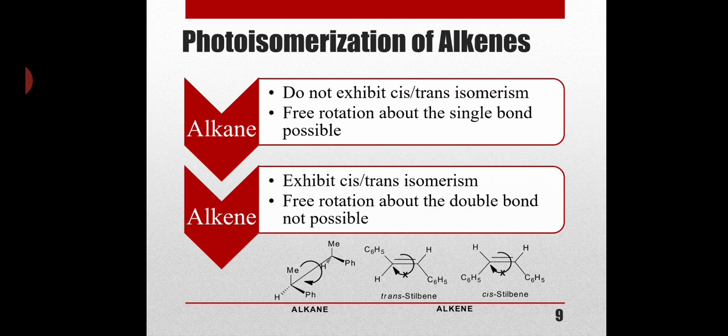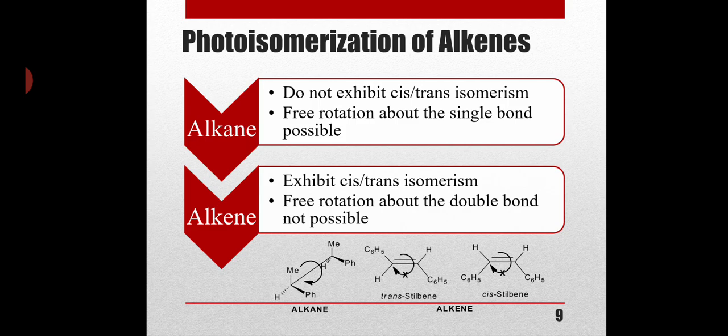Now the next question is, how can we break the double bond in an alkene? If we supply some energy to the alkene molecule, either in the form of heat, that is thermally, or light, that is photochemically, it may be possible to break the double bond.